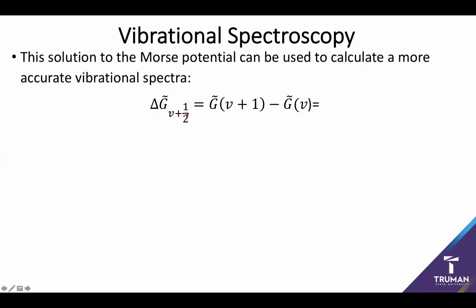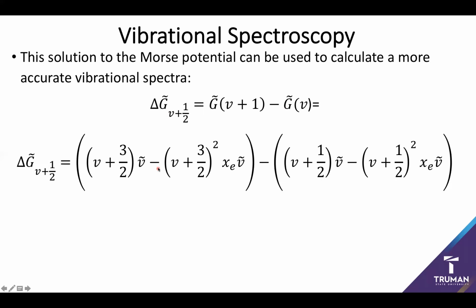Now I can go ahead and substitute in my equations for each of these vibrational terms for both my starting state and then my excited state. So what we then see is I go from V plus 1/2, it becomes V plus 3/2. So again, I start at 1/2, I added an extra one, so V plus 3/2 times the vibrational constant, and the same expression for the anharmonic correction. And then we're just left with subtracting out the wave number of our initial state.